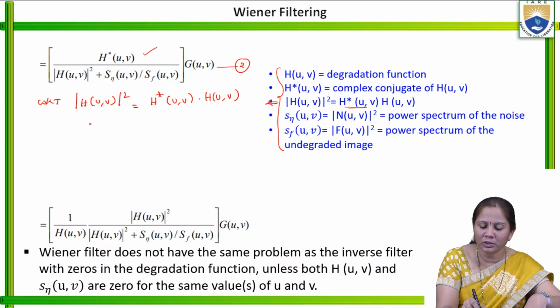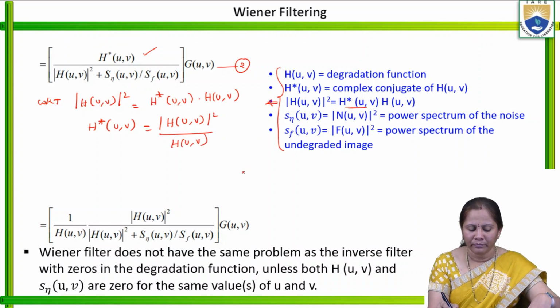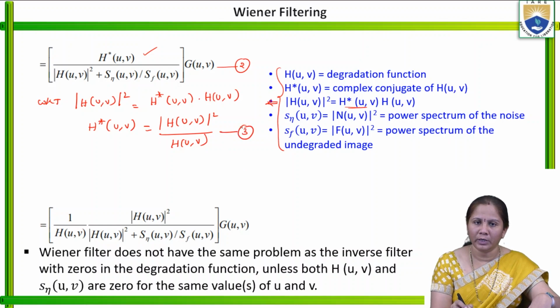So from this equation we can write h star of u comma v, the complex conjugate, is equal to mod h of u comma v whole square by h of u comma v. Consider this as equation number 3.